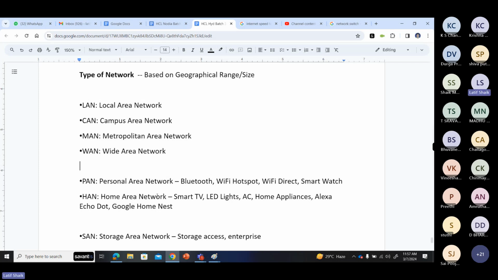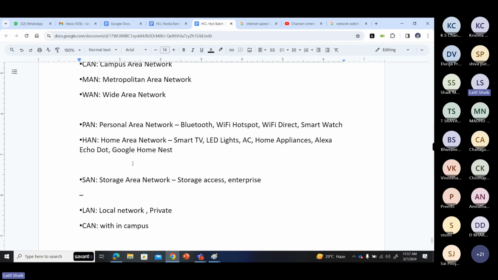Other than that, guys, there are some more ANs. Personal area network, which I like, because it covers your personal things: your Bluetooth watches, Bluetooth earphones, mobile hotspots, Wi-Fi Direct, printer connectivity, smart watches, smart clothes.